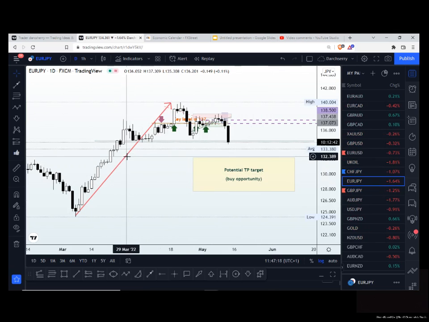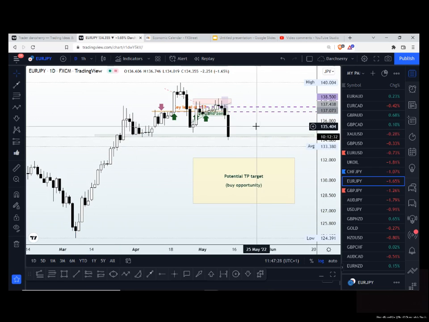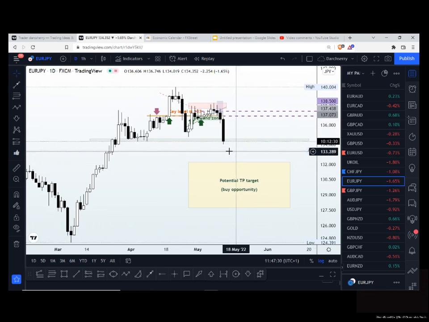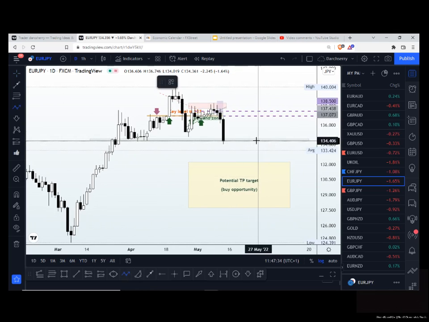However, that being said, if we consider the long-term scenario on this Euro JPY as well, definitely it is possible that we might be having a reversal pattern right on this 134.500 area. Yes, it's very possible, and the reversal pattern can happen like this.